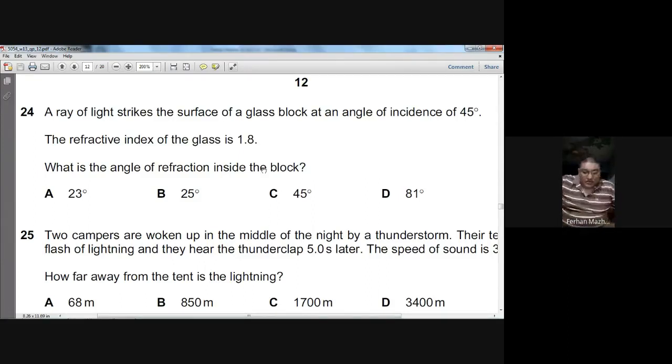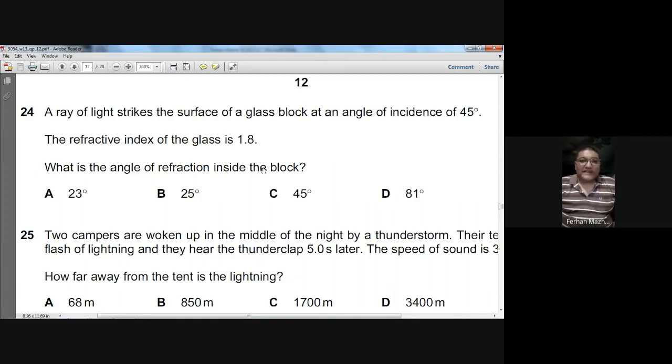You know, when you have studied the laws of refraction, you must have studied Snell's law. It says that the ratio of the sine of the angle of incidence to the sine of the angle of refraction remains constant.